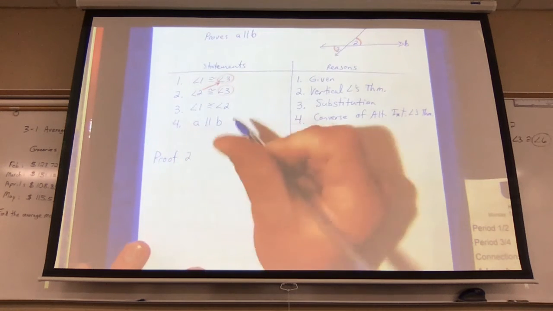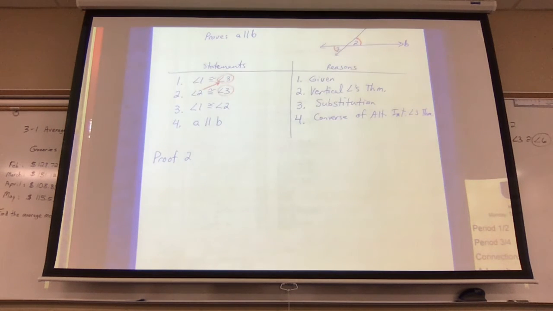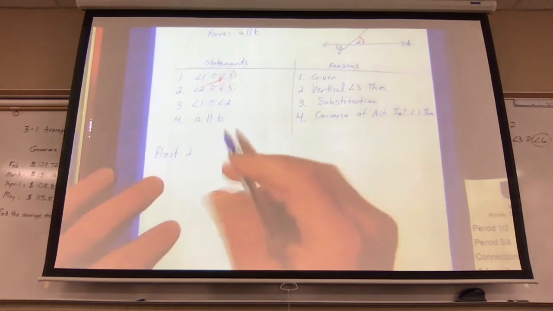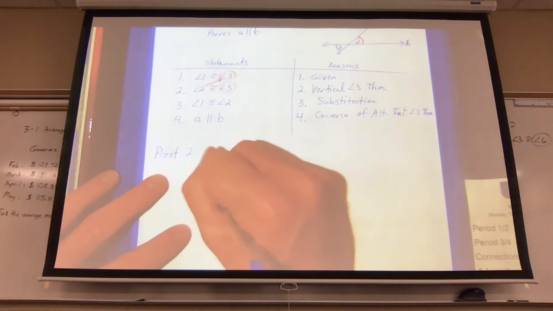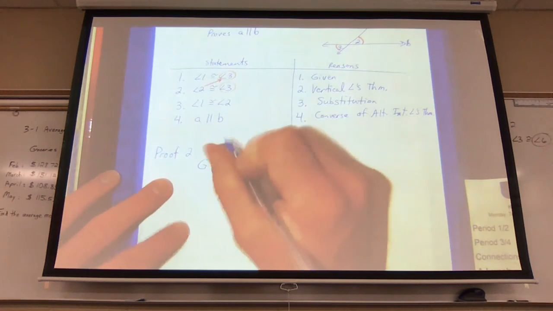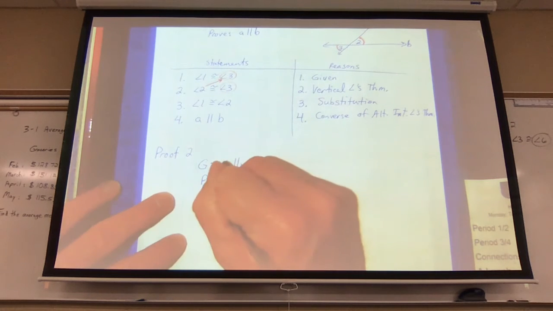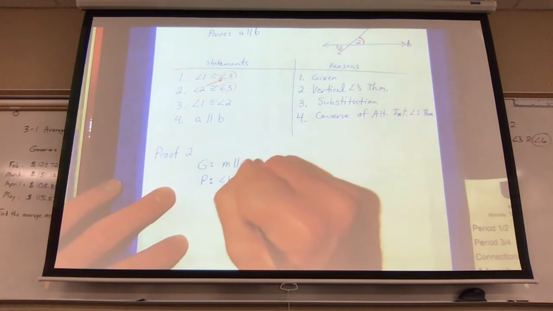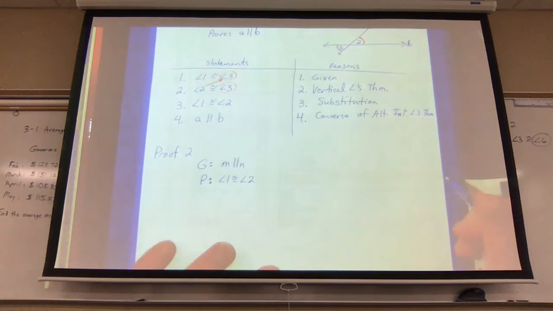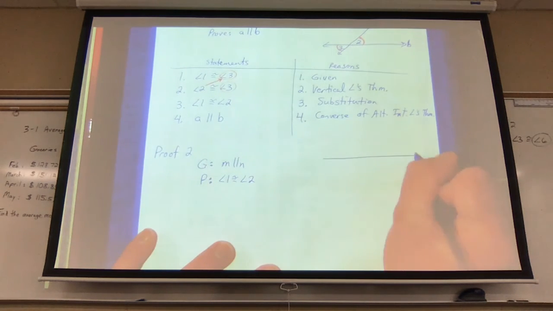Usually it's the second or third one we do that it really starts to make sense for a lot of people. All right, on this one, I'm going to abbreviate given with a capital G. Our given is M is parallel to N. I'm going to abbreviate prove with a P. We're going to prove that angle 1 is congruent to angle 2. Pretty similar picture.